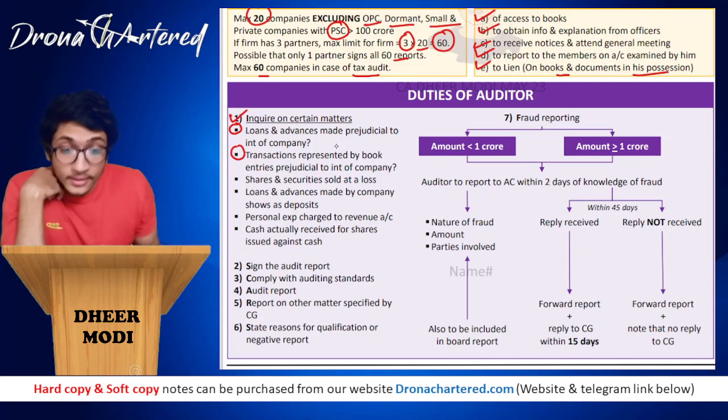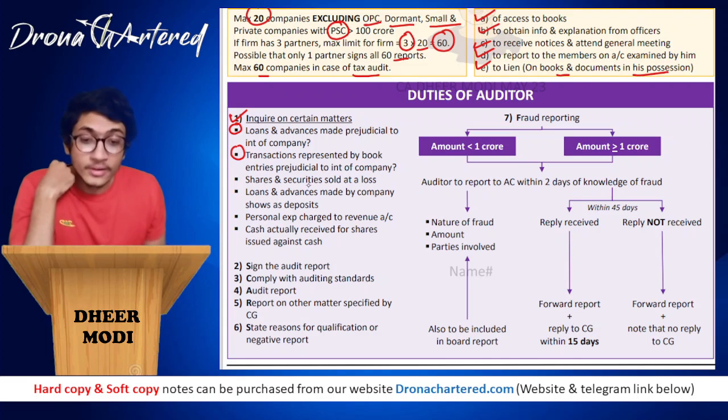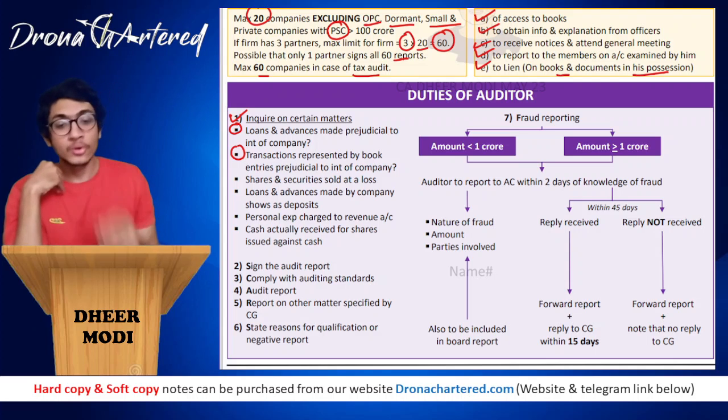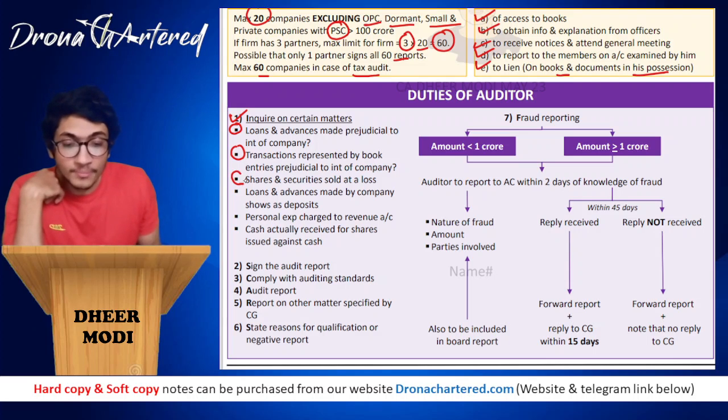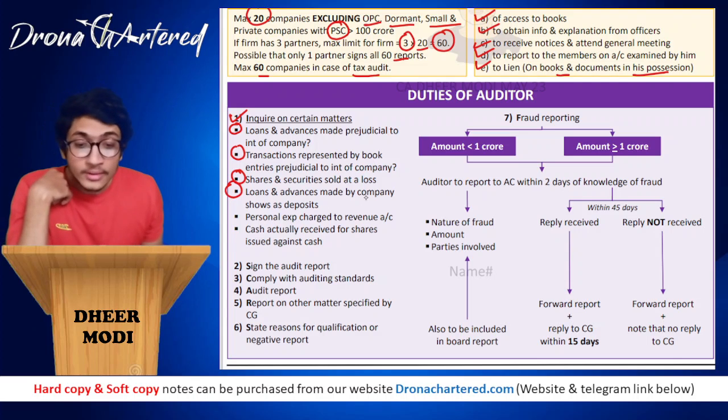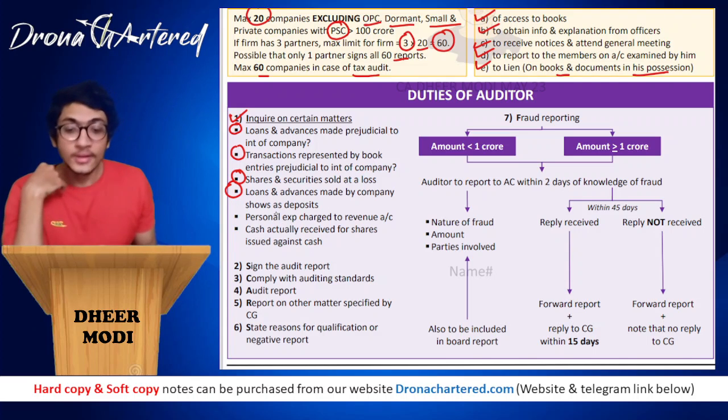Then next is transactions represented by book entry which are prejudicial to the interest of company. If any book entries have been passed which are not in the best interest of the company. Shares and securities sold at a loss. Loans and advances made by company which are shown as deposits. Any loans and advances that we have given, but it is shown as a deposit.